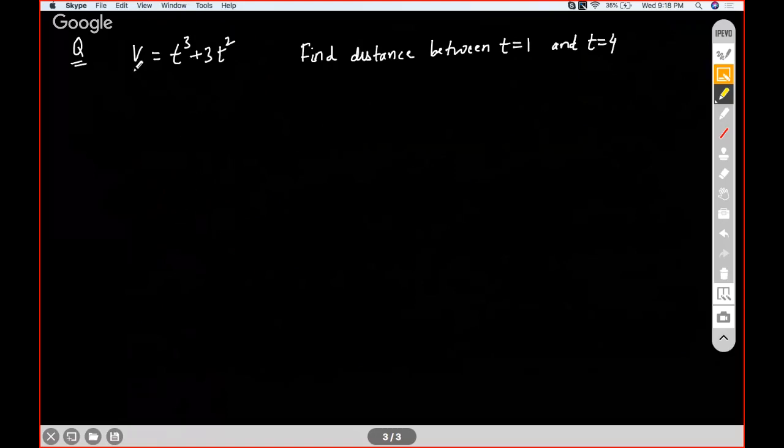So first try to see the sign of velocity. In what interval it is positive, in what interval it is negative.